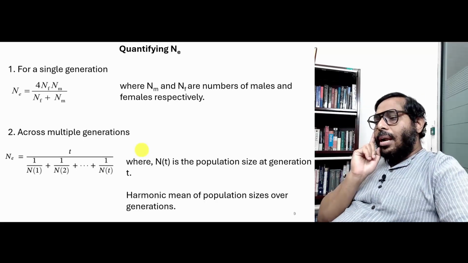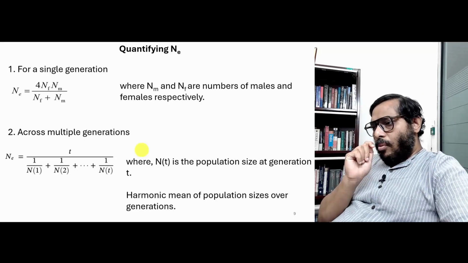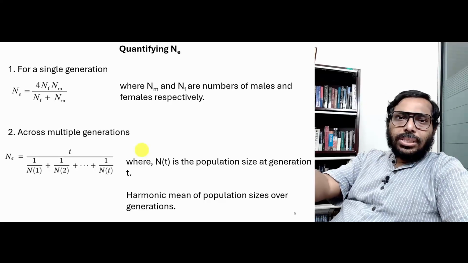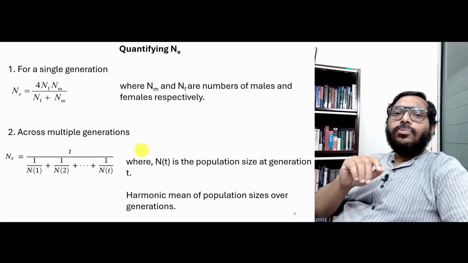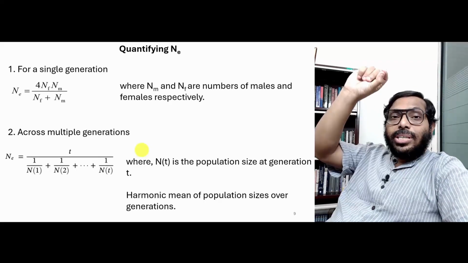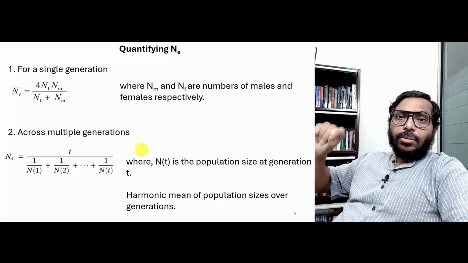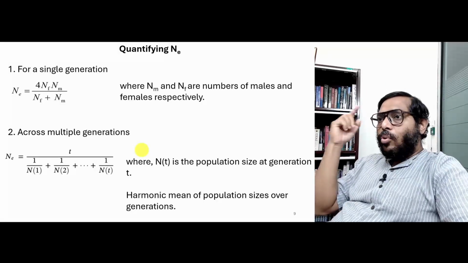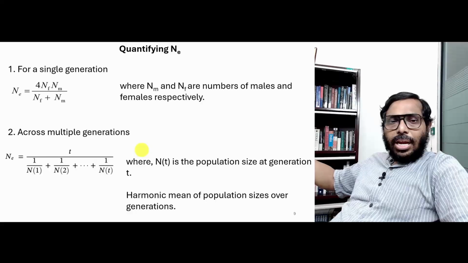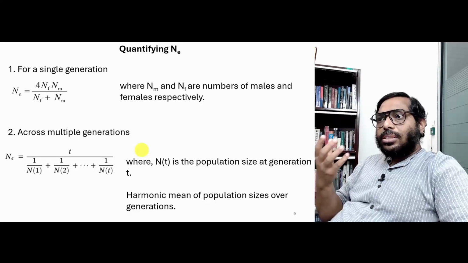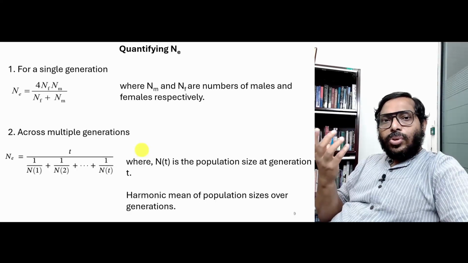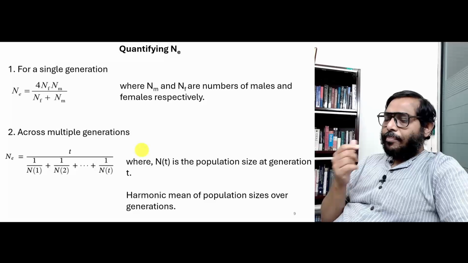Okay. And therefore, when are you going to use this kind of a formula? You are going to use this kind of a formula when, let us say, a population's size is fluctuating over generations, and you want to know, over the entire period of time, what is the one value which I can say is the effective population size.